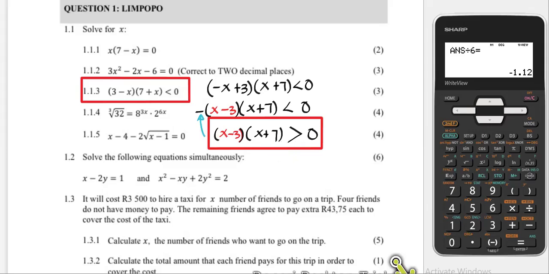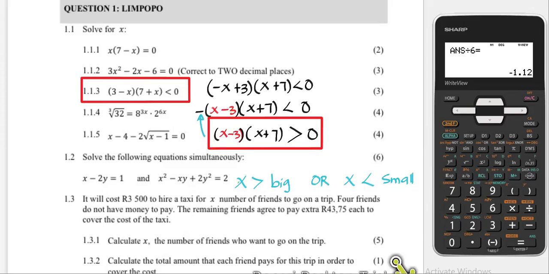I'm writing it in blue. It's going to be x is greater than the big number, or x is less than the small number. But always make sure the x starts first in the bracket. That's why I was arranging it here.